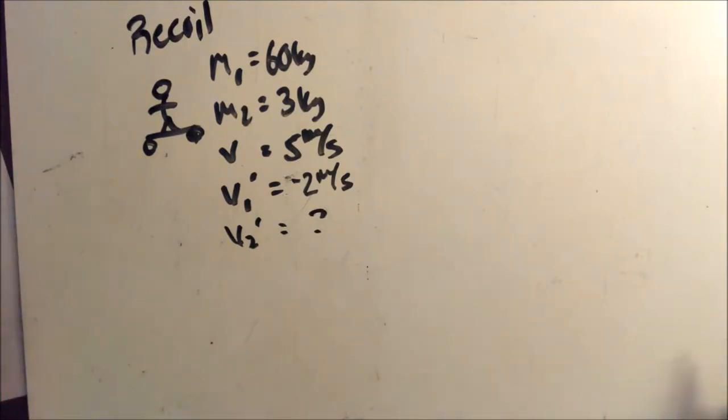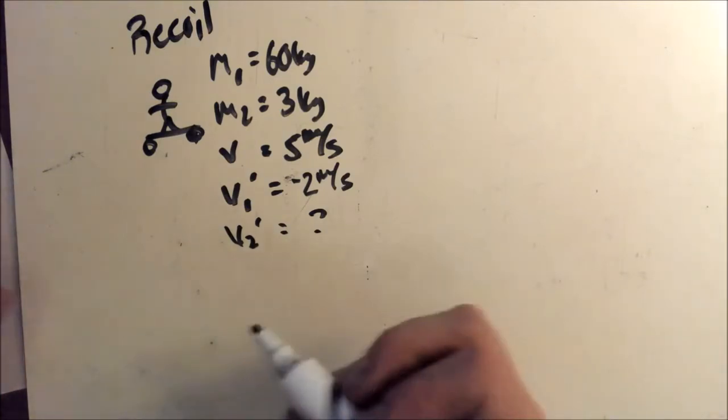We don't know yet. We know this is a recoil collision because one object is becoming 2 objects and flying apart. So let's get started.